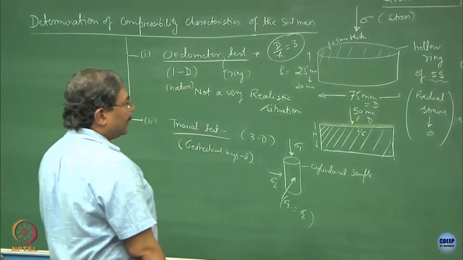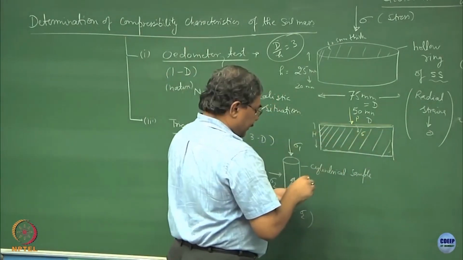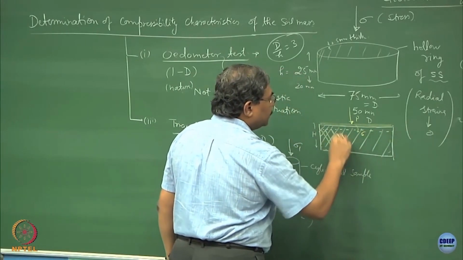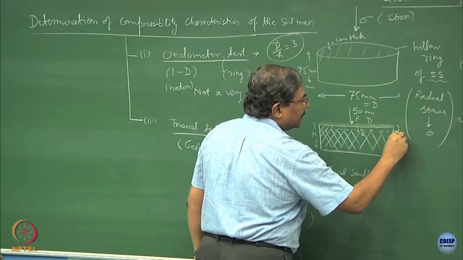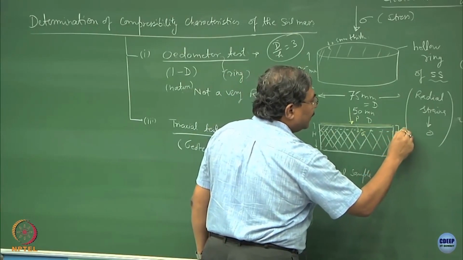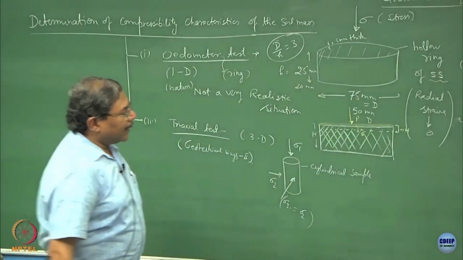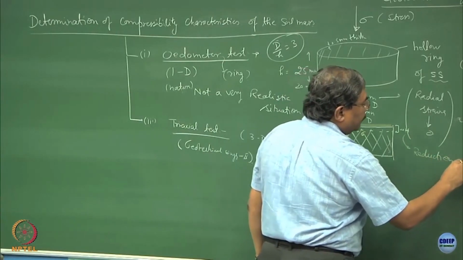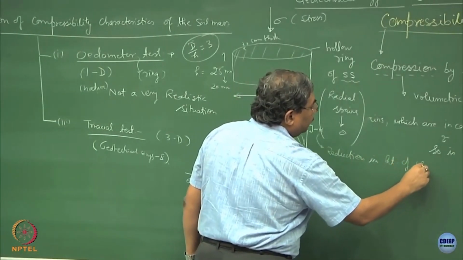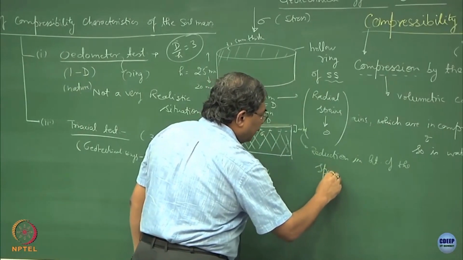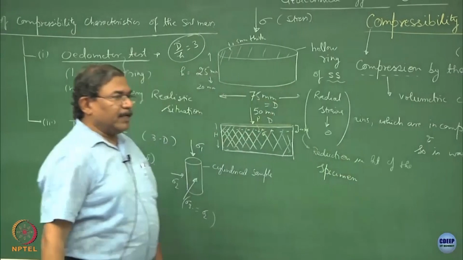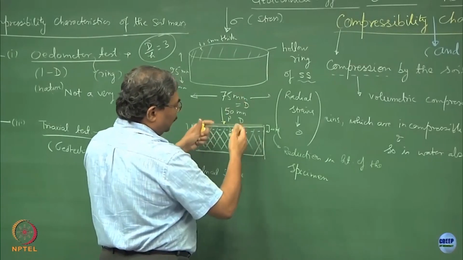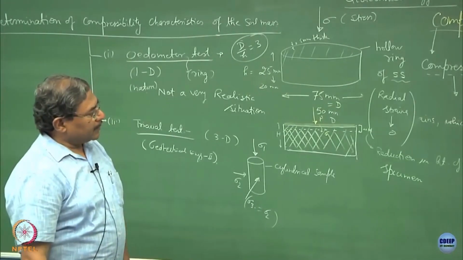Okay. And as I discussed, when you apply this stress over here, the deformed sample would look like this. This is the deformed sample, and I can say that there is a deformation of, let us say, delta h, and delta h is the reduction in height of the specimen of the soil, because we have taken some small portion of the soil mass, we have fitted it in the ring, and then we are trying to find out how the compression characteristics look like.